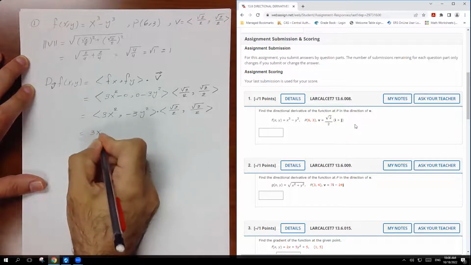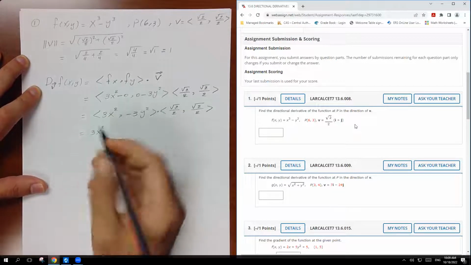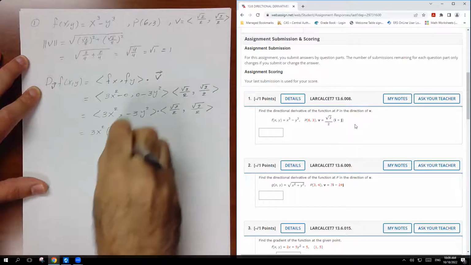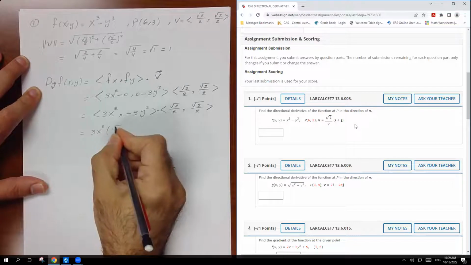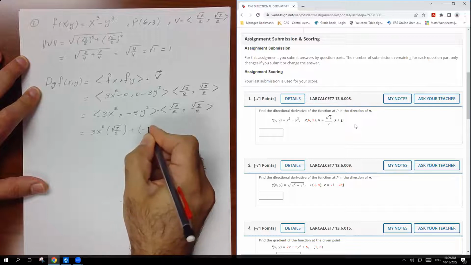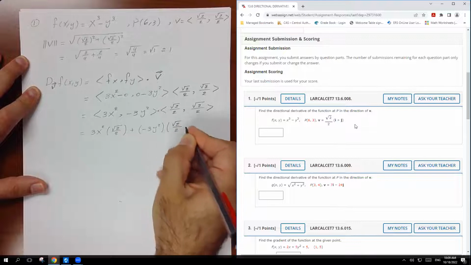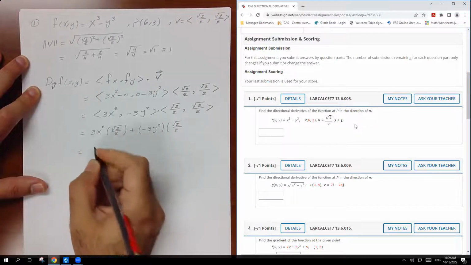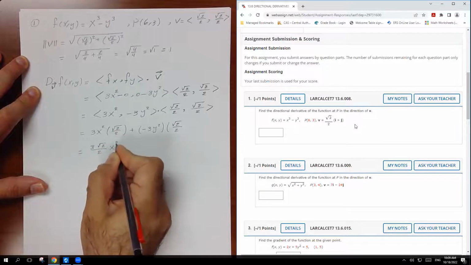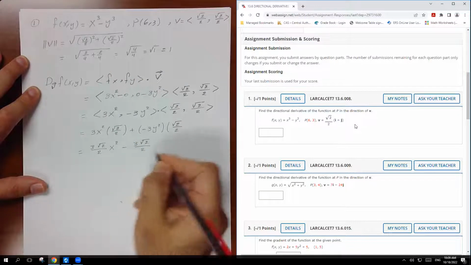So it's going to be 3x squared times the first component of the vector, plus the second one times square root of 2 divided by 2. So the result is going to be 3 square root of 2 divided by 2 x squared minus 3 square root of 2 divided by 2 y squared.